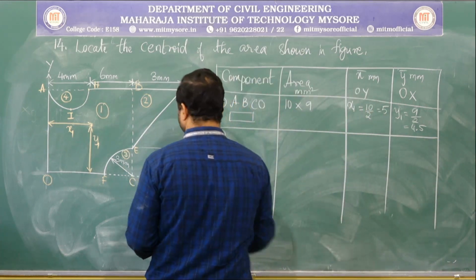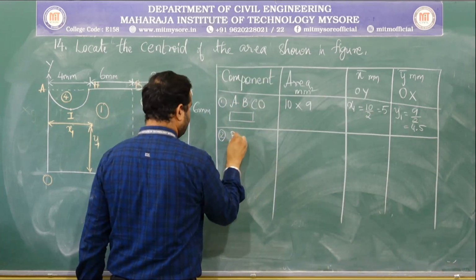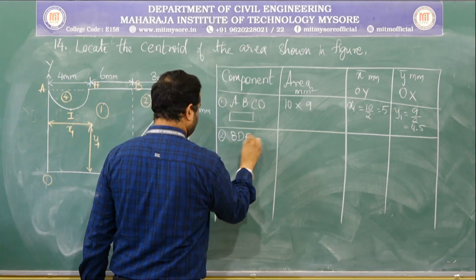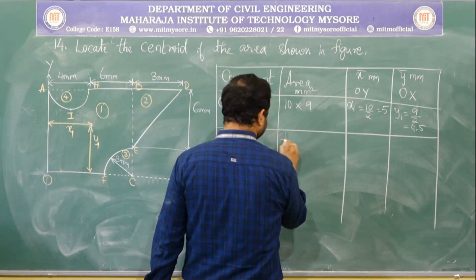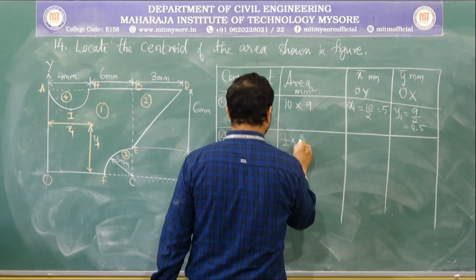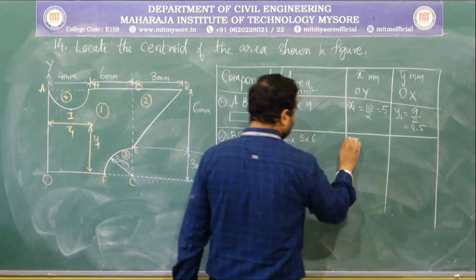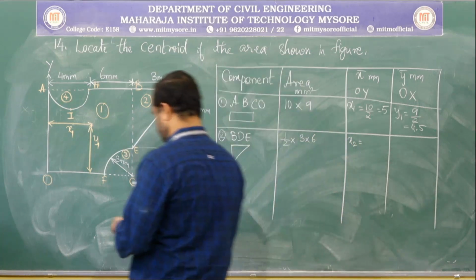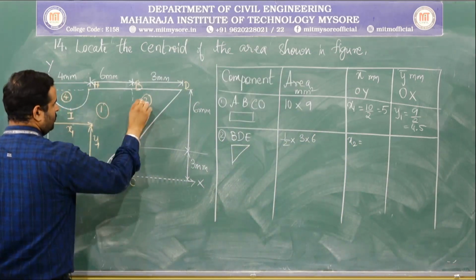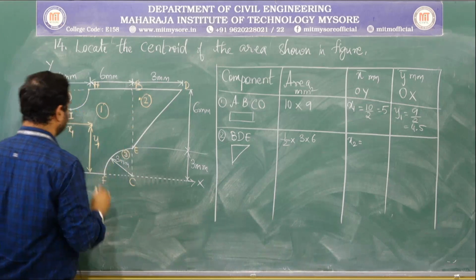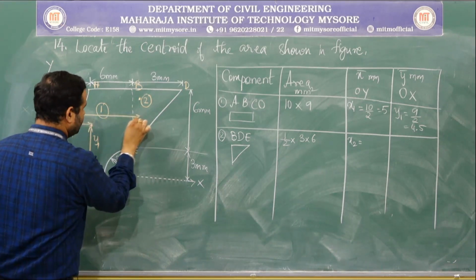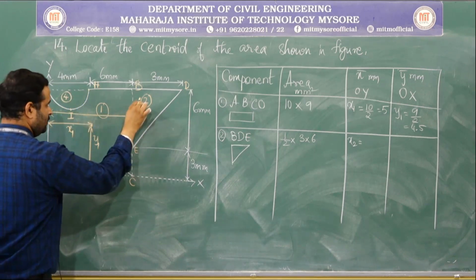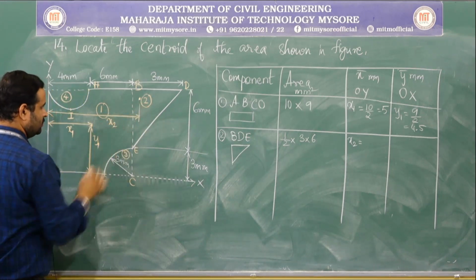Component 2, triangle BDE, area is half into 3 into 6. Its x2 is equal to... we know the center of this triangle lies here, but we need to measure it with respect to this line or axis. This is our x2.